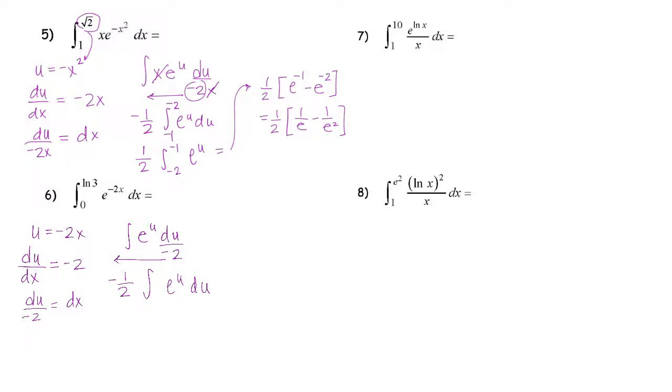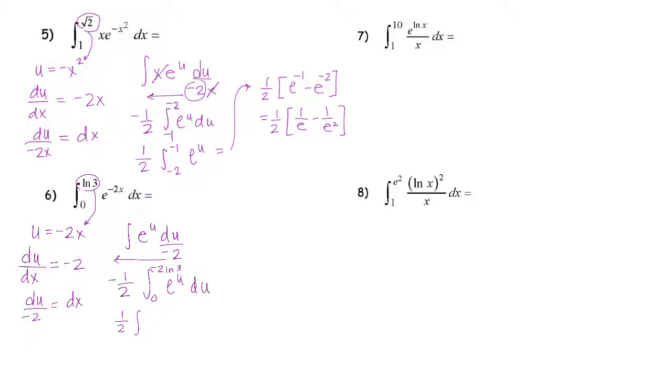And so when we adjust those endpoints, we are taking natural log of 3 and substituting it in. So the top endpoint is going to be negative 2 natural log 3. And then the bottom endpoint is going to be 0. So again, we do need to change our endpoints. So we're going to have a positive 1/2 integral.